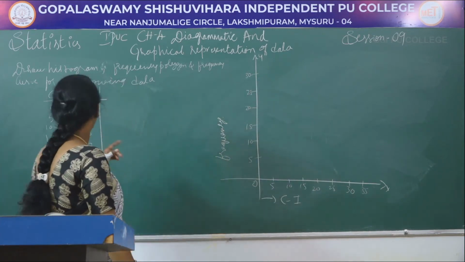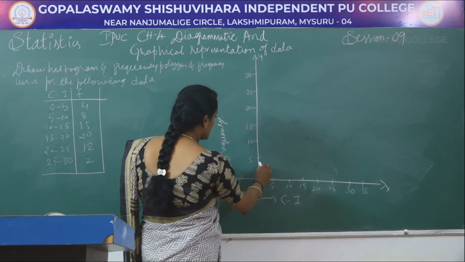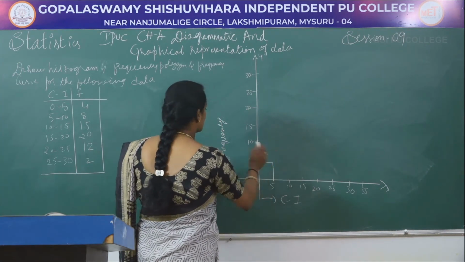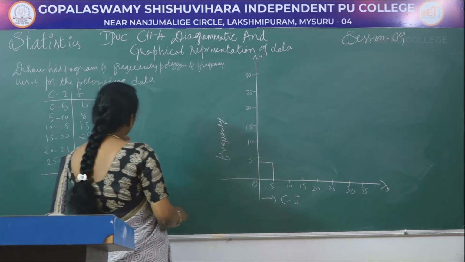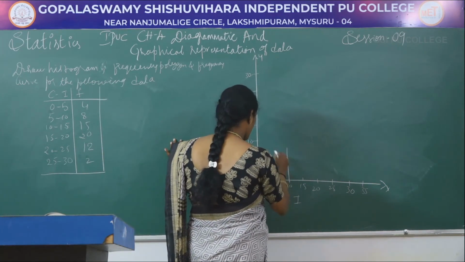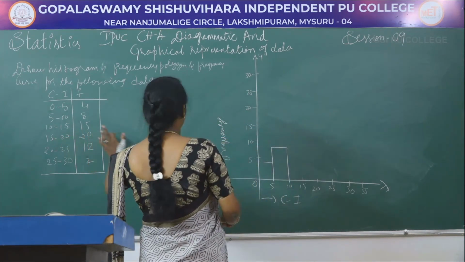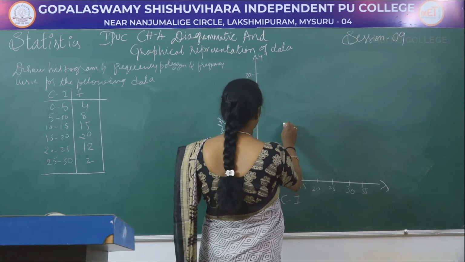So now from 0 to 5 it is 4. First I am drawing the histogram. Next 5 to 10 it is 8. Next 10 to 15 it is 15.